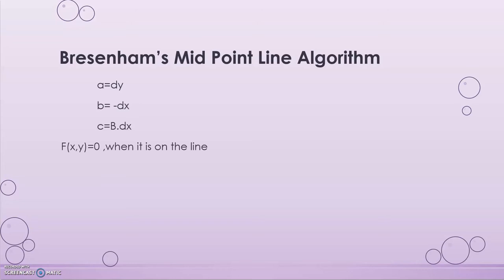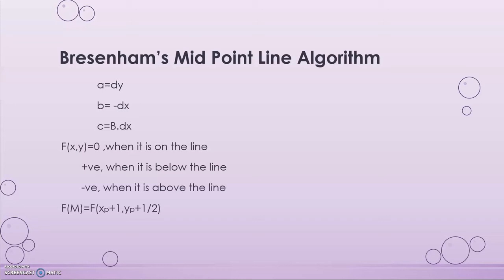So f(x, y) equals 0 when the point is on the line, positive when it is below the line, and negative when it is above the line. To apply the midpoint criteria, we need to compute f(M), that is f(xp + 1, yp + 1/2), because the midpoint is half a step above the line, so the y coordinate is yp plus half.